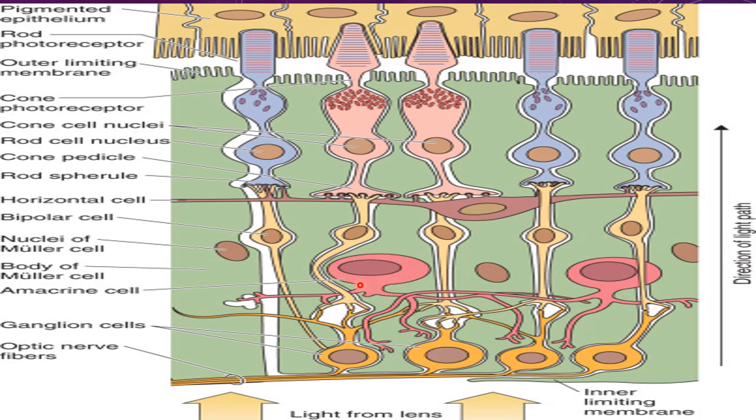But here you can also appreciate these cells having their cell bodies located in the inner nuclear layer along with the bipolar cells. These are amacrine cells. Very interesting about these cells, they have very numerous dendrites but no axons.